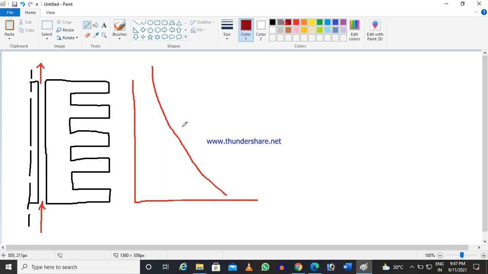So say I want to make one analytical formula to estimate this curve. It's not so simple, correct?